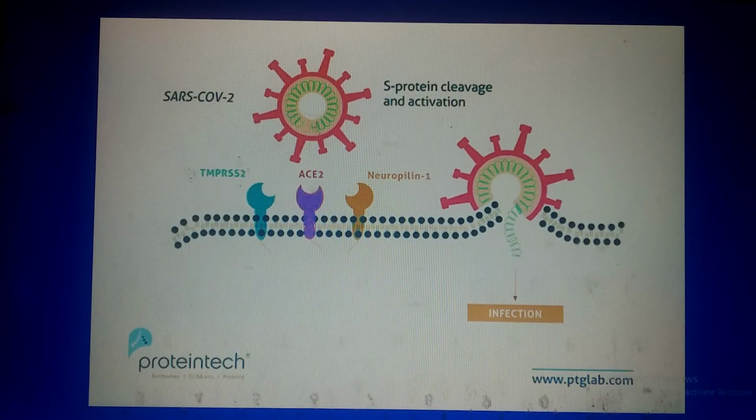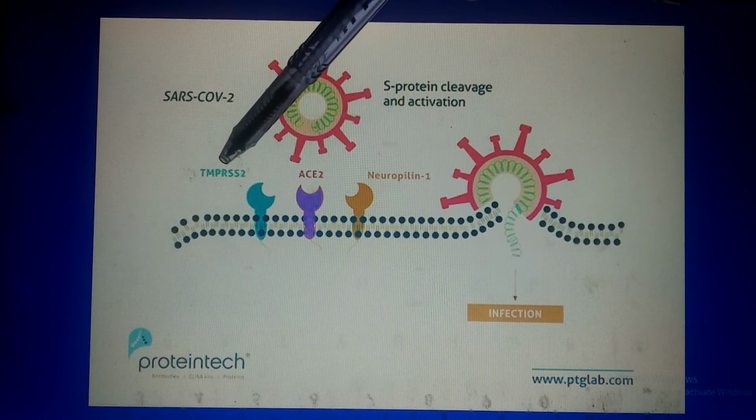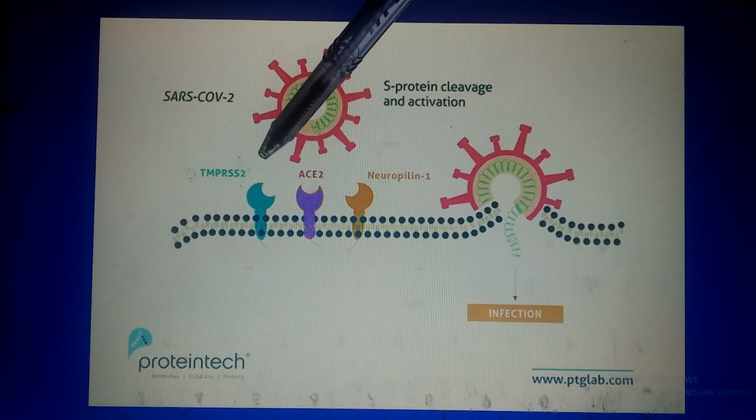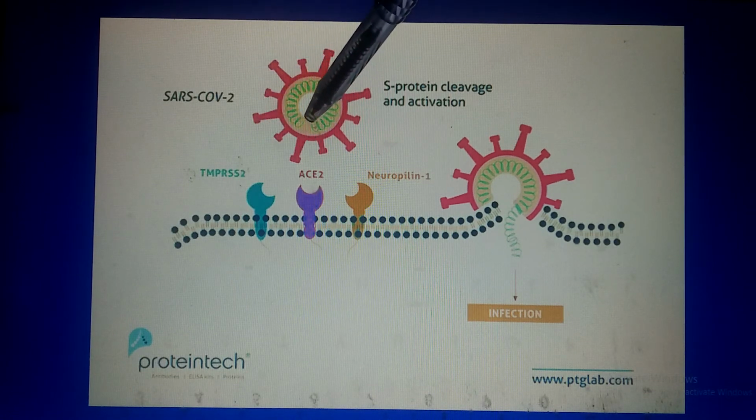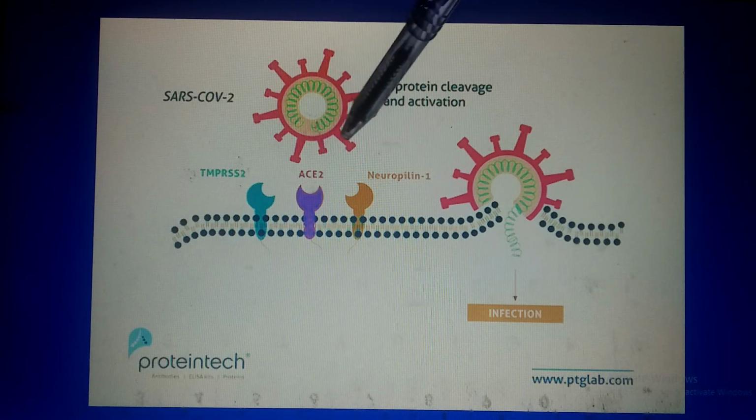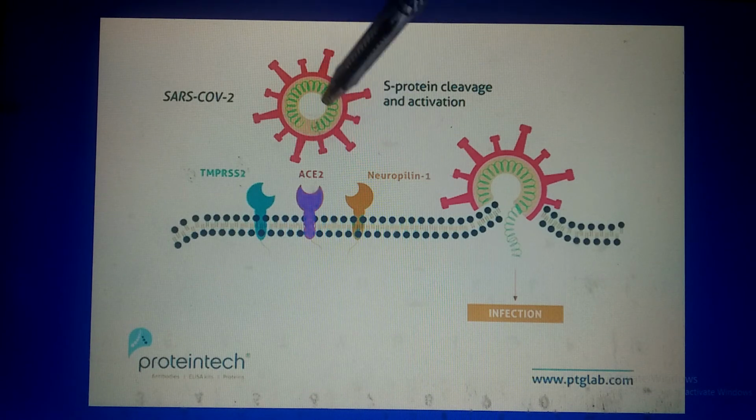So now in this diagram you can see this is the SARS coronavirus, and this is the first receptor, the most important receptor of the SARS coronavirus, ACE2. Along with ACE2 there is a transmembrane serine protease which helps in the cleavage of the spike protein into its subunits S1 and S2 and activates the spike protein, and you can say activates the virus.